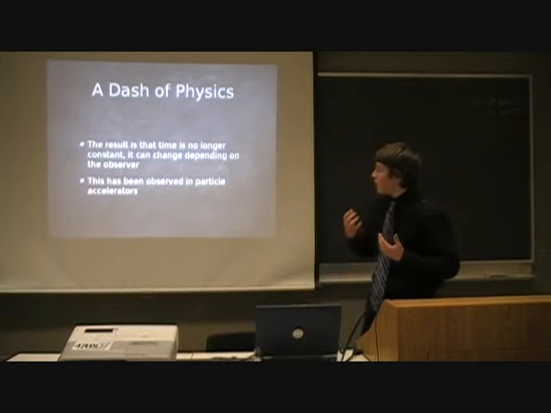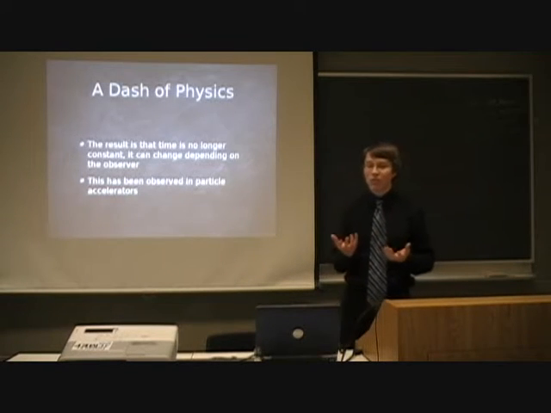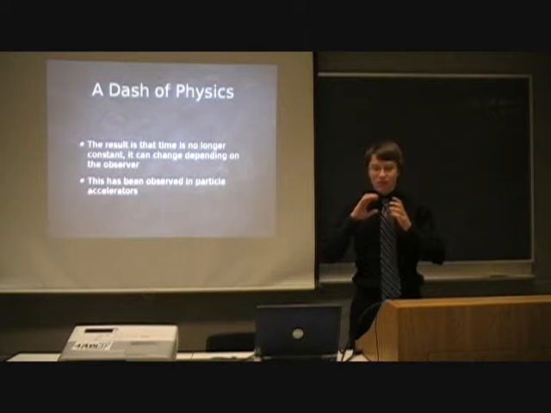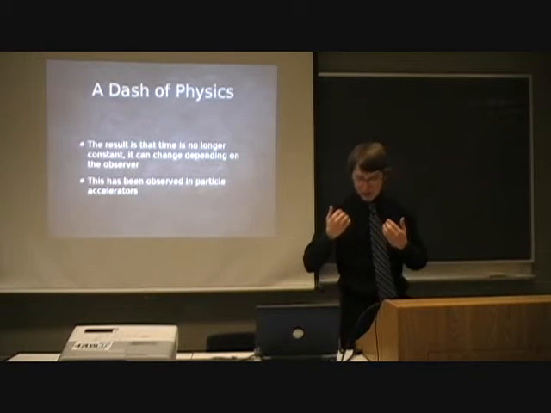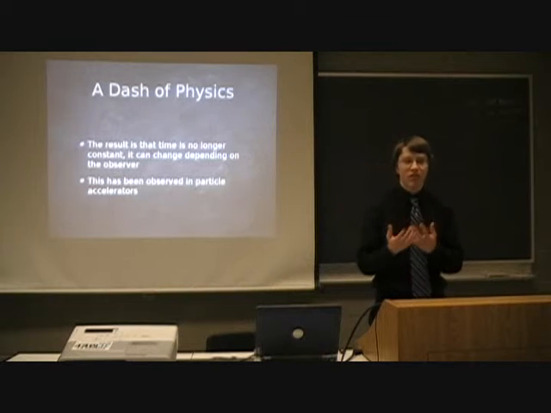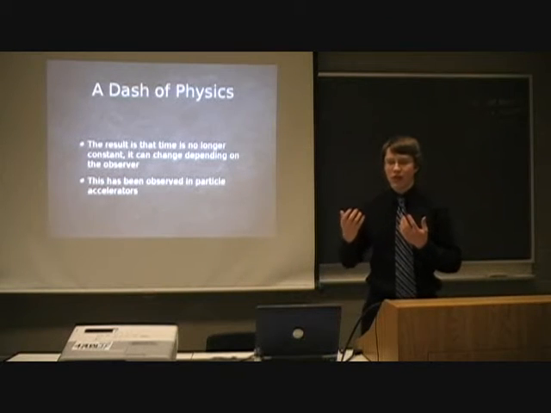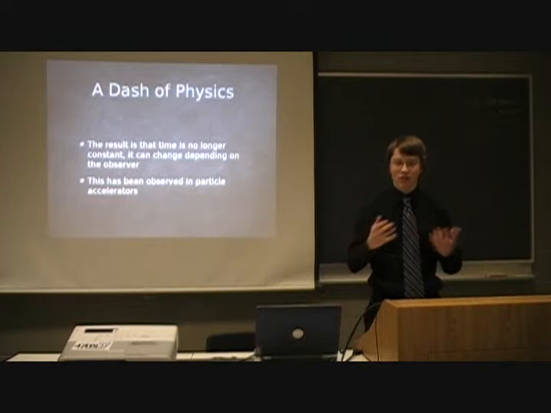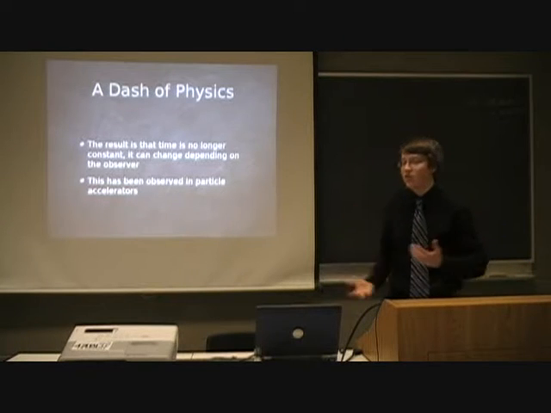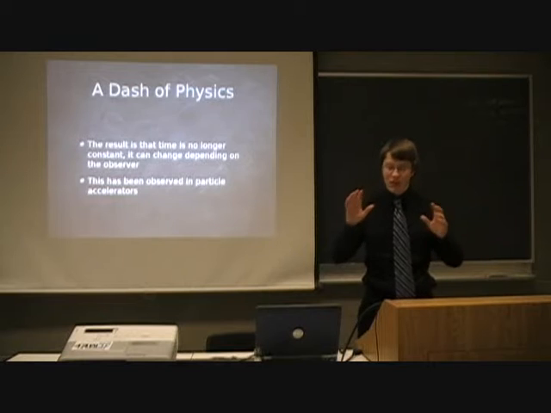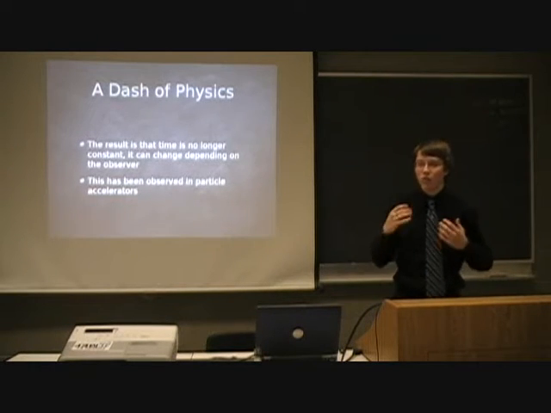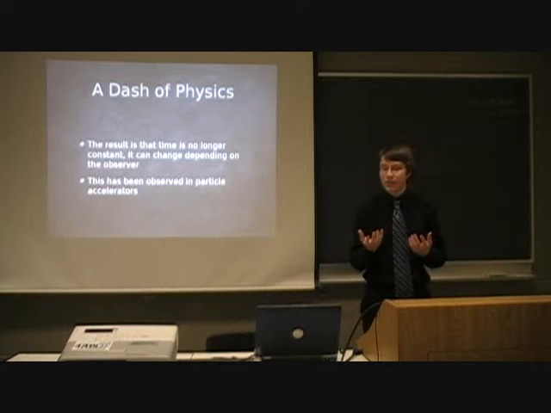So, the result of this sort of thought experiment is that if I'm traveling close to the speed of light, the only way for light to keep moving is for time to slow down. Consider two people, one stationary and one moving really close to the speed of light.